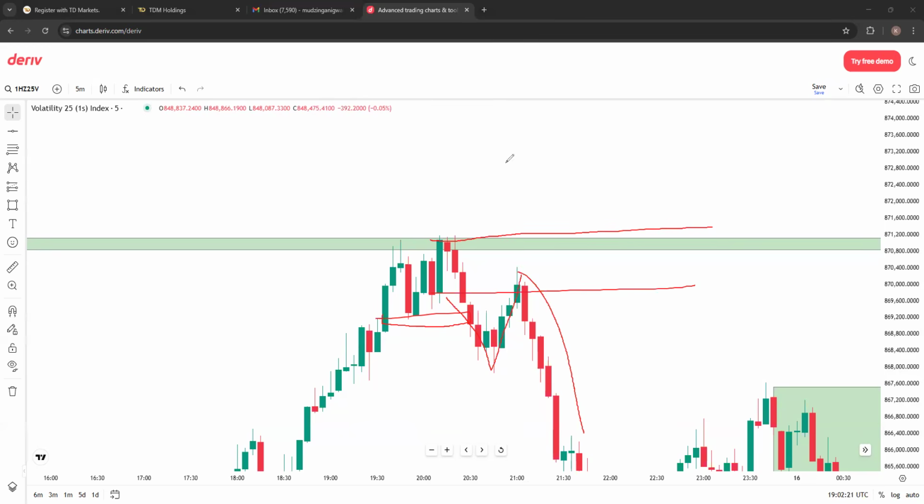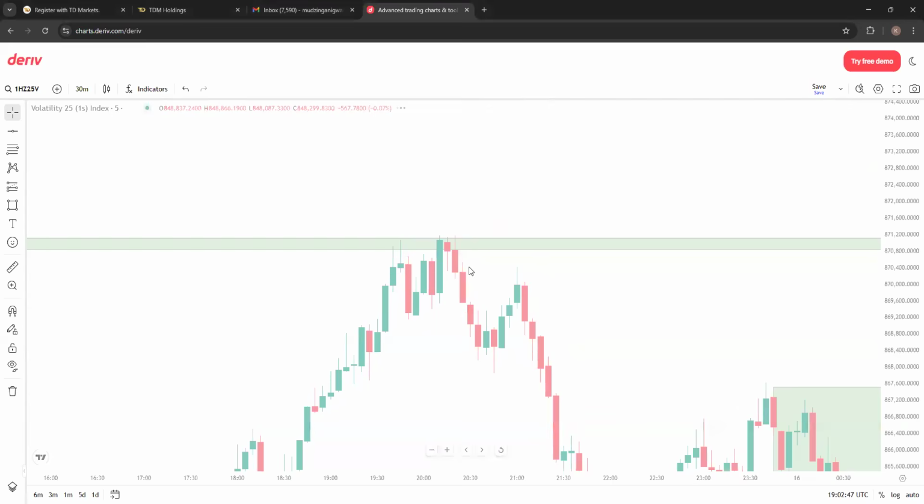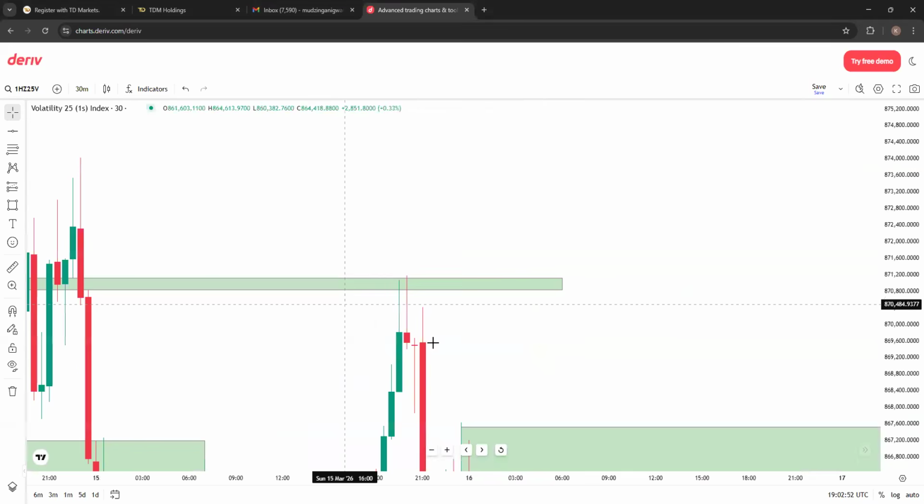Now you start asking yourself, okay, what about the order block that's at the top there? Why didn't price utilize it straight away? We've already filled a gap in M30. So if we check on that OB, let's go back to M30.